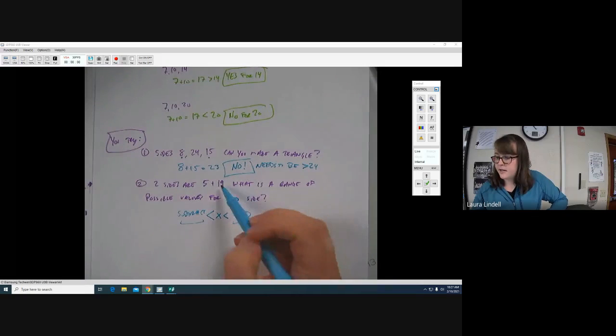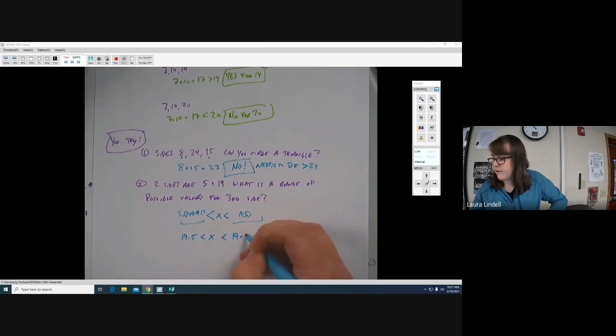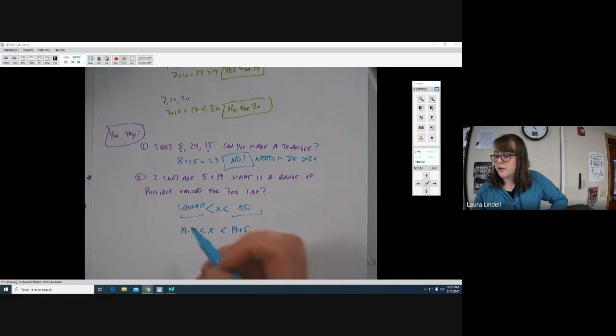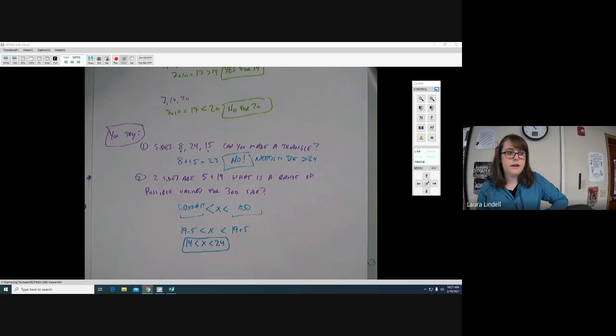So if I subtract 19 and 5, and then I add 19 and 5, we get our two numbers. 19 minus 5 gives us 14. 19 plus 5 gives us 24. That's going to be our range of values here. That means my third side can be anything bigger than 14 or less than 24.